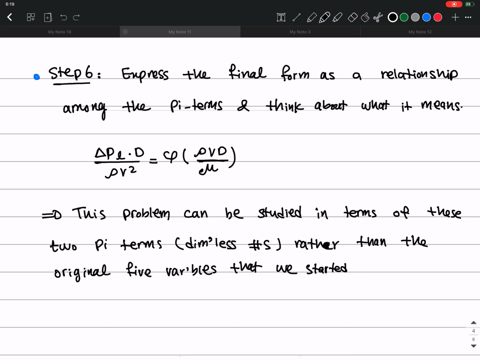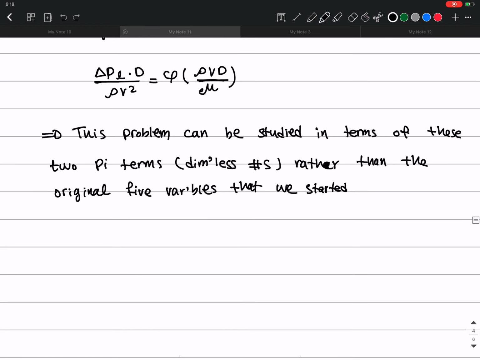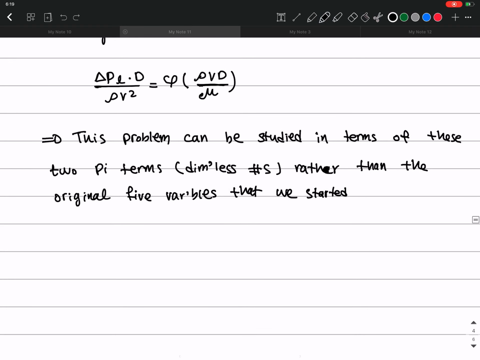So in other terms, for example, if you want to do this in the lab, you will have two axes, one for each of these dimensionless numbers.